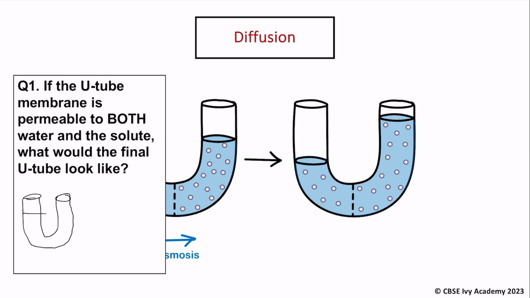And there was equal water on both sides, but you had way more solute to the right and less solute to the left. If the membrane was permeable to both, then what you would see is that the water level would stay the same, but the solute, because now it can flow across the membrane, would just be normalized between the left and the right.